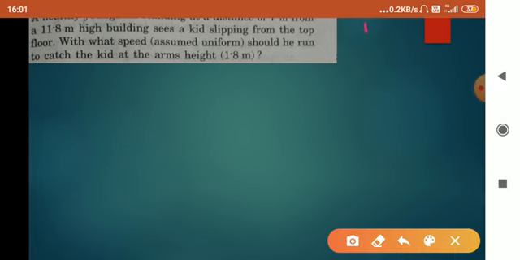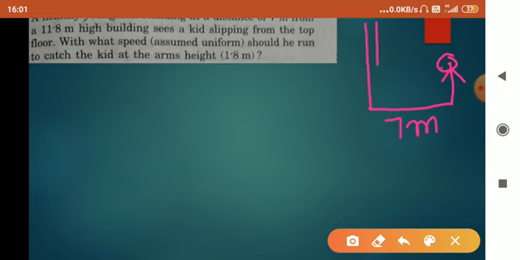This is a building, and a man is standing at a 7 meter distance from this building. This is the man standing. And he sees a kid slipping from the top of this building. Now you have to find the speed of the man to catch this kid.